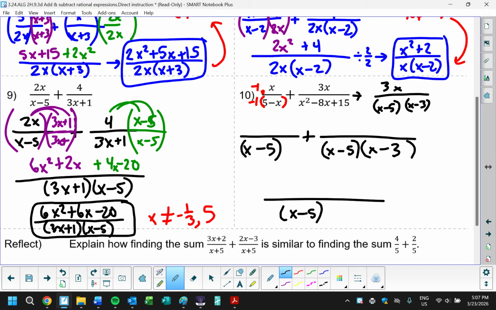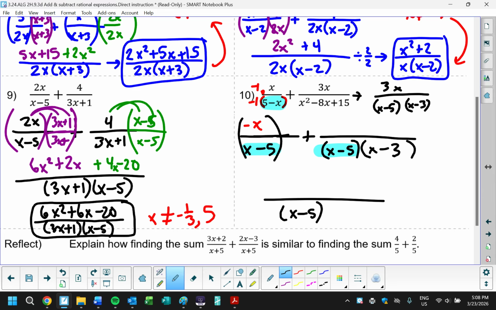So beware, if you have two quantities that are the exact opposites of each other, you can take a negative 1, excuse me while I finish that up, this should be negative x on top. And you can multiply both the numerator and denominator by that negative 1, so that now we can see the two factors are equivalent with the x minus 5.